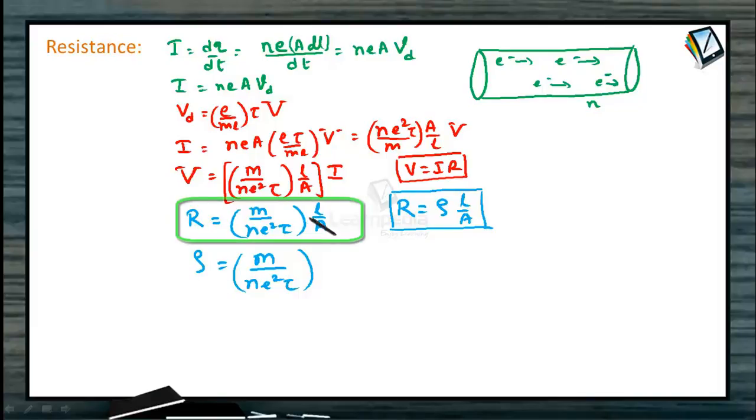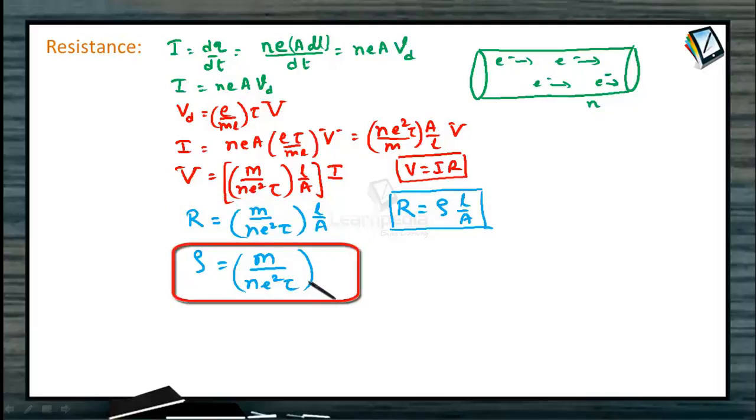Apart from this, resistance also depends upon the length of the conductor and area of cross section. So we can say resistance depends on the dimensions of the conductor, whereas resistivity is independent of the dimensions of the conductor.